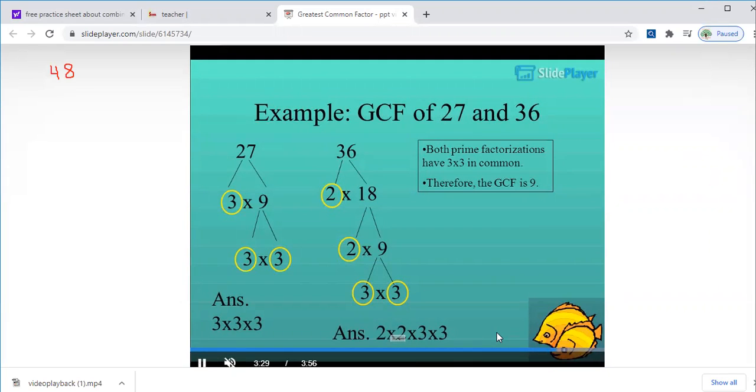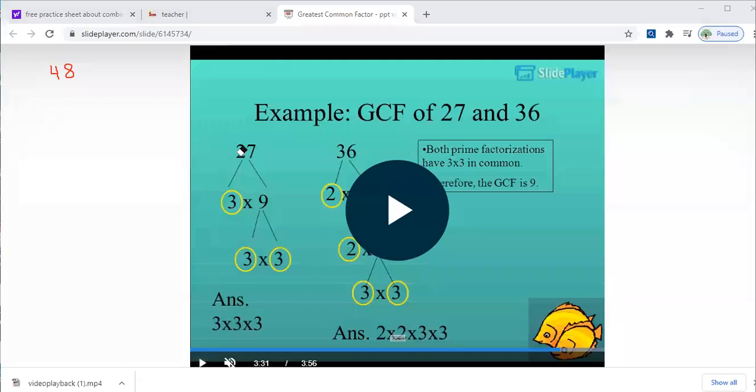In this question, we are looking for the GCF of 27 and 36 by using prime factorizations. We can use a factor tree, or we can use the column method. I want to find the prime factorization of 27. We draw a line for 27 and another line for 36.